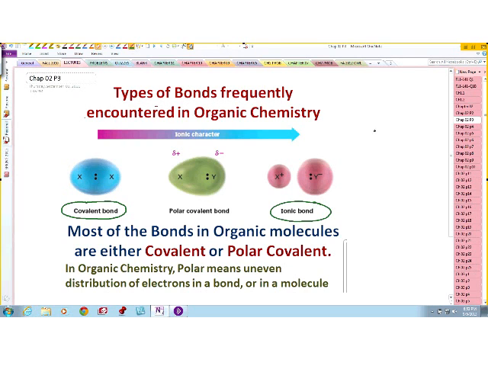Indeed, those are the 2 extremes of bonding in organic chemistry. There is a third type of bonding which is somewhere between those 2. And we refer to that as polar covalent bond.